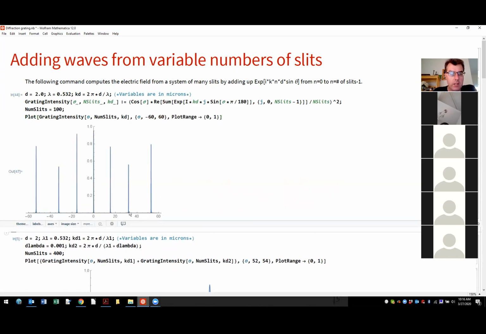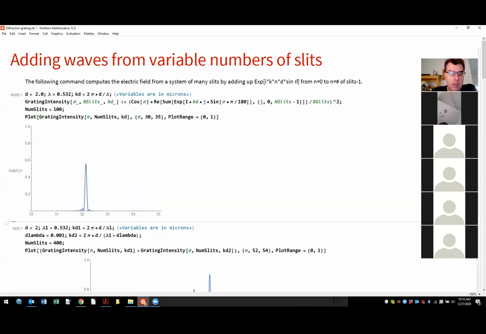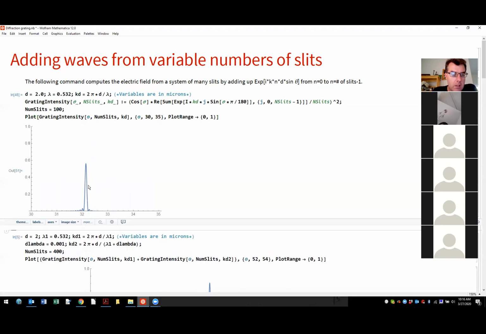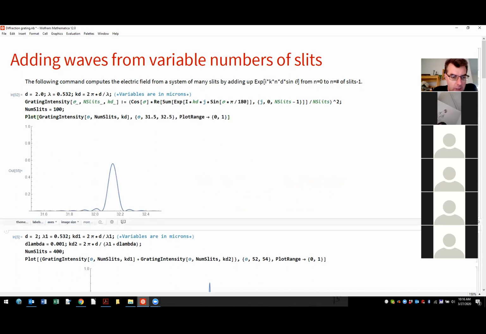All right, let's look at the next peak there, which is somewhere between 30 and 35. So now let's look between 31.5 and 32.5. All right, so we've got a peak here.